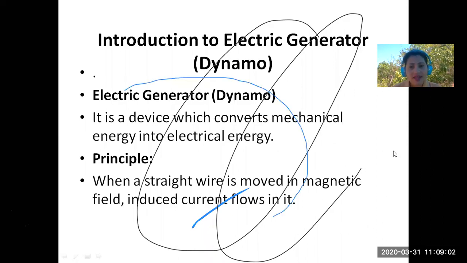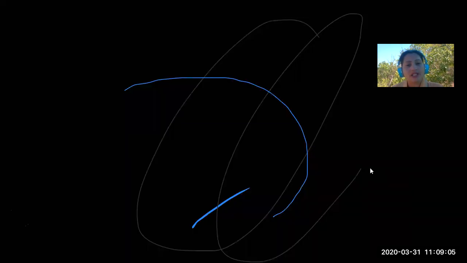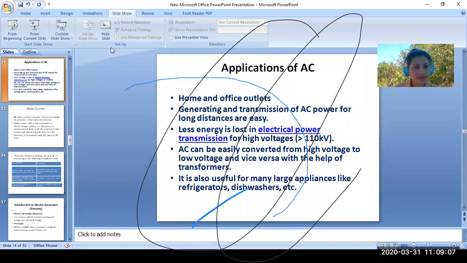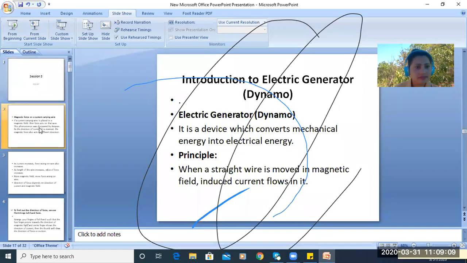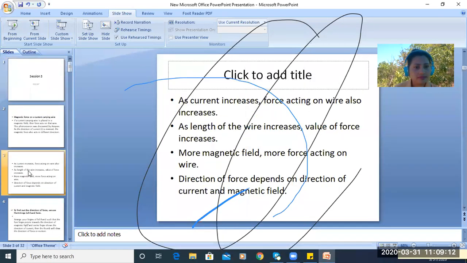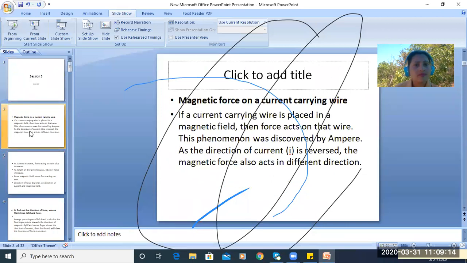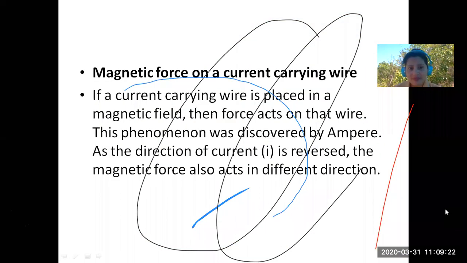Okay. We will go back to the first slide. So this is the first slide. What does this say? When a current carrying conductor is placed in a magnetic field, force is produced, right? This is the principle of the electric motor.